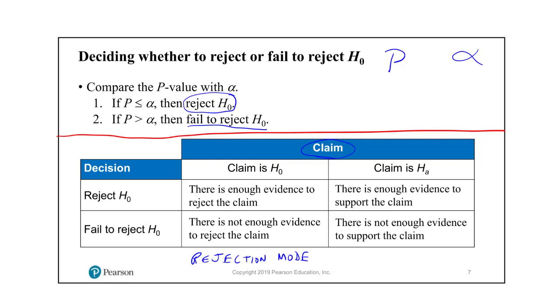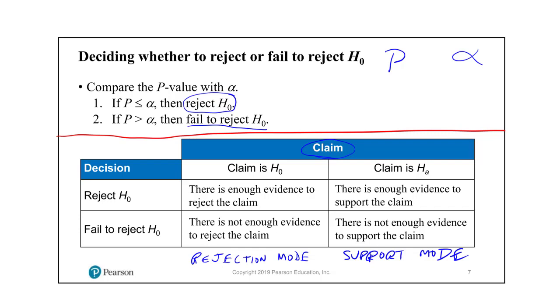I either have enough evidence to reject the claim or I don't. If the claim is the alternative hypothesis, then I'm in a support mode. In this case, I can do two things based on the claim. I either have enough evidence to support the claim or I don't have enough evidence to support the claim.